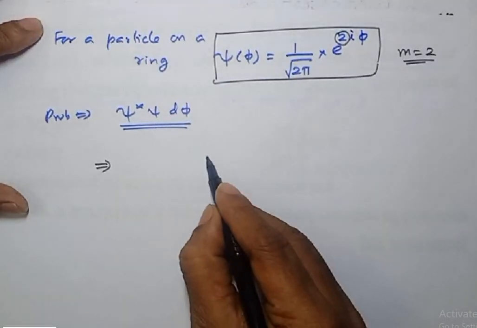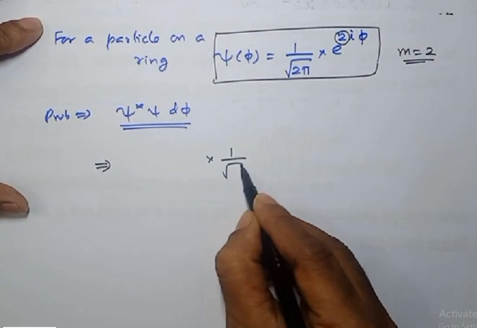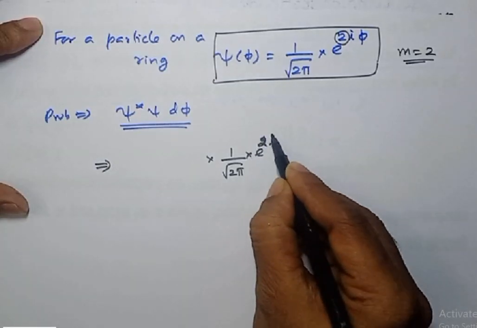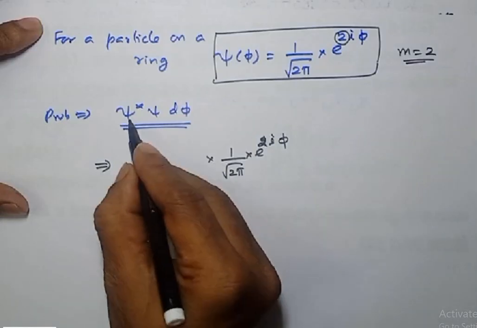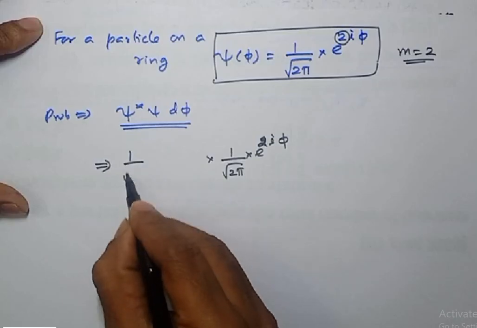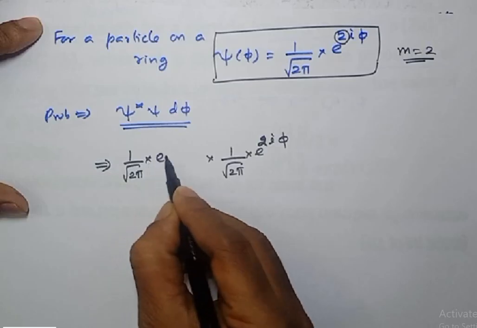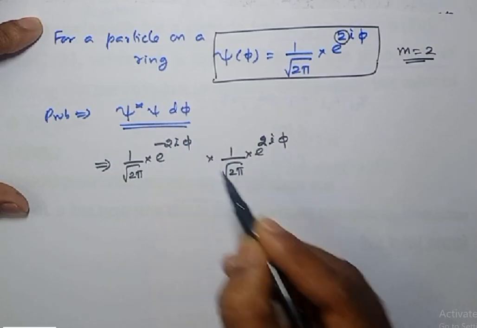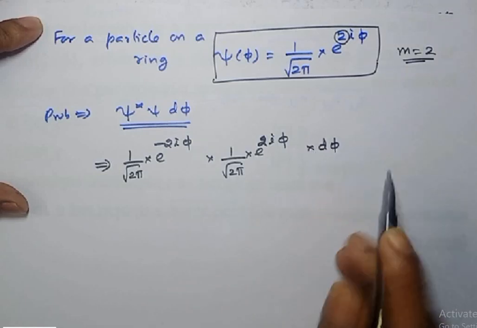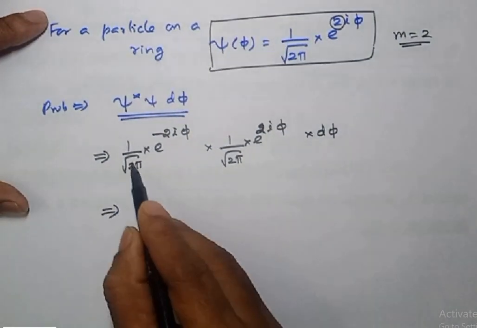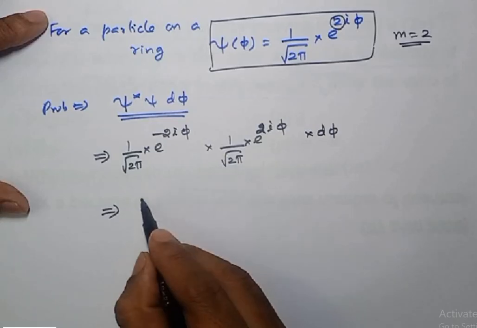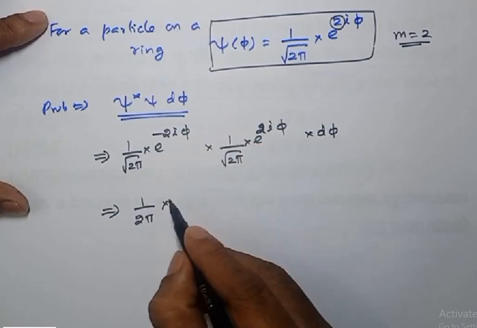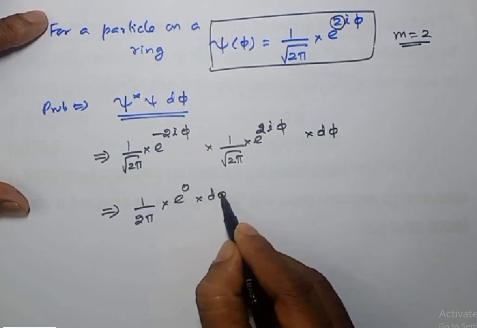So what is psi? We know that psi is nothing but 1 by square root of 2 pi into e power 2 i phi. What is psi star? Psi star is 1 by square root of 2 pi e power, instead of plus i you put minus i, so minus 2 i phi, into d phi. So 1 by root 2 pi, 1 by root 2 pi, if you multiply you get 1 by 2 pi, and if you multiply these two you get e power 0 into d phi.